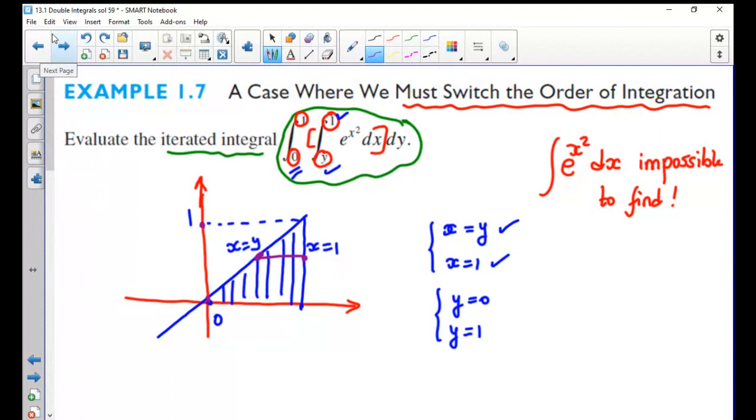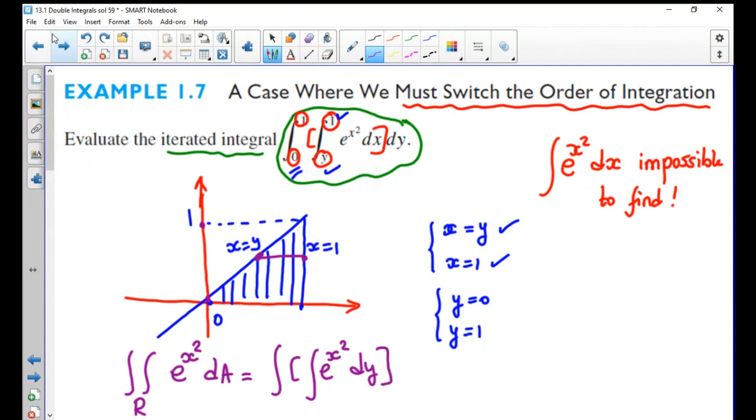So now, if I want to integrate in this region e to the x squared dA, and I want to start now with y first, that means I need to integrate in this direction from y equal 0 to y equal x.